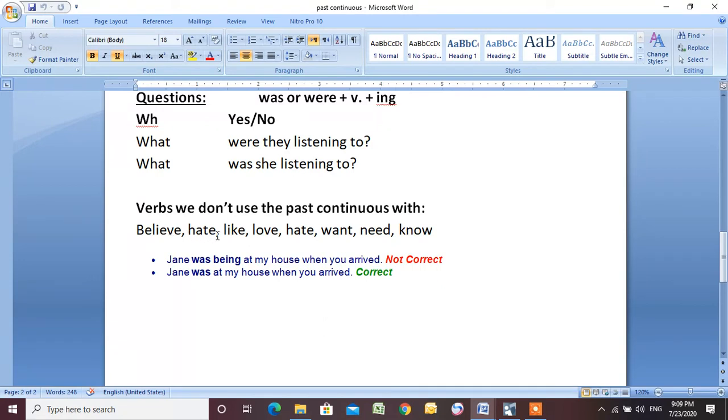Believe, hate, like, love, want, need, know. Alright. For example, she was being at my house when you arrived. Of course, it's not correct. You cannot say she was being. Verb to be, I cannot put it in the continuous tense like this. But it's correct to use it in the past simple. So, Jane was at home or at my house when you arrived. Now, this sentence is correct.